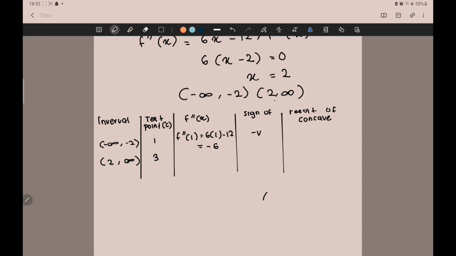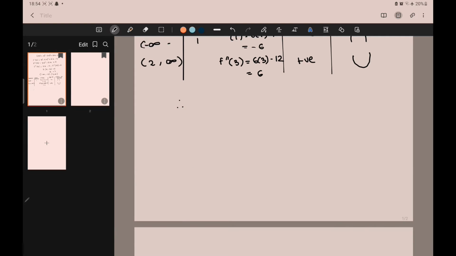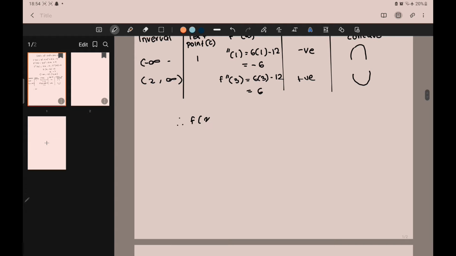For the first interval, we get negative 6, which has a negative sign, and the result is concave downward. For the second interval, we do the same step. We substitute the value of 3 into the function and we get 6, which has a positive sign, and the result is concave upward. So, we can conclude that f(x) is concave upward for all values of x greater than 2, at interval 2 to infinity.